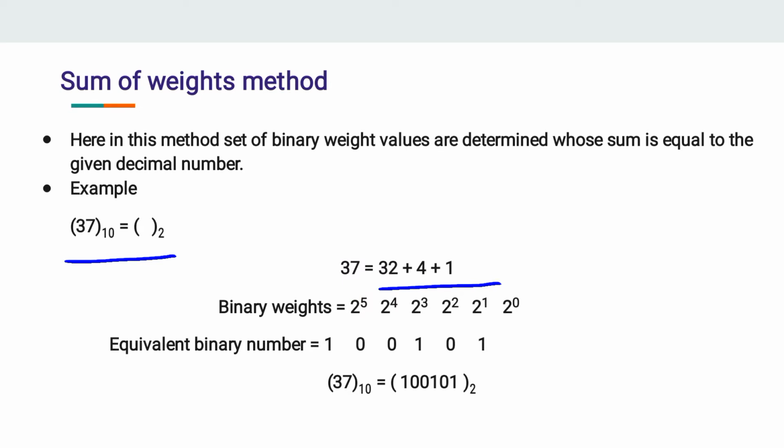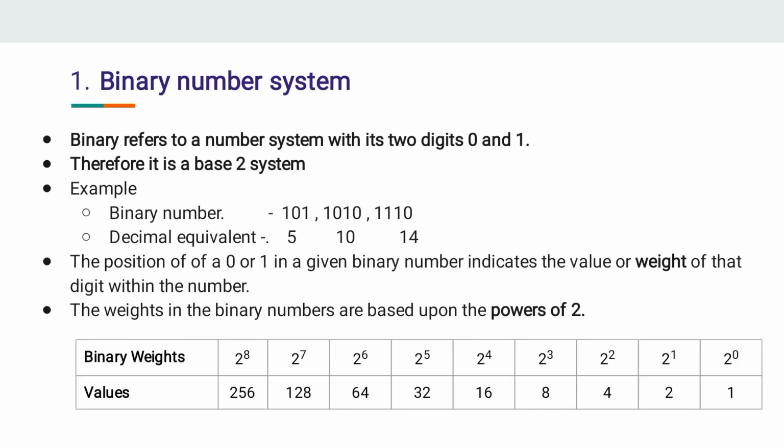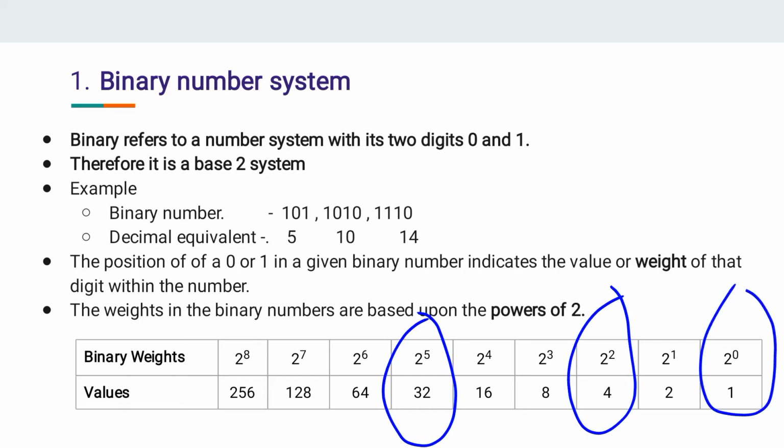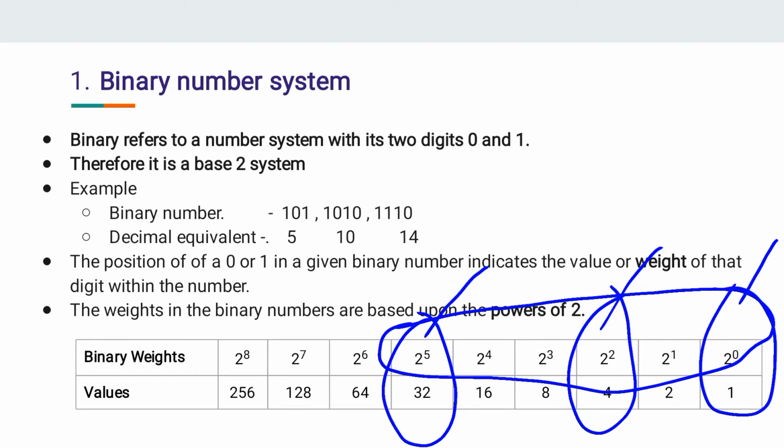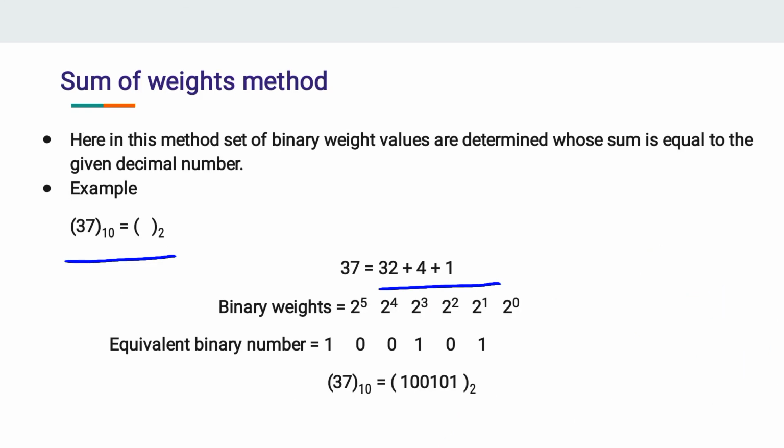For this we have to observe the weights. 32 is 2 power 5, 4 is 2 power 2, and 1 is 2 power 0. We take all the powers from 2 power 5 down to 2 power 0, but we put 1 only for these three: 2 power 5, 2 power 2, 2 power 0. The remaining weights should be 0. So 2 power 5 is 1, 2 power 2 is 1, 2 power 0 is 1.